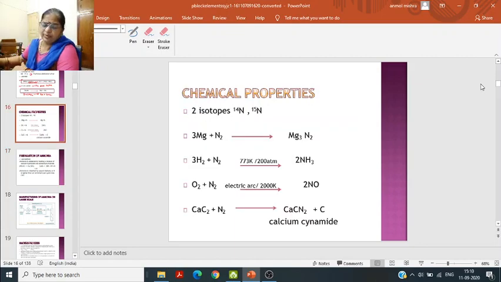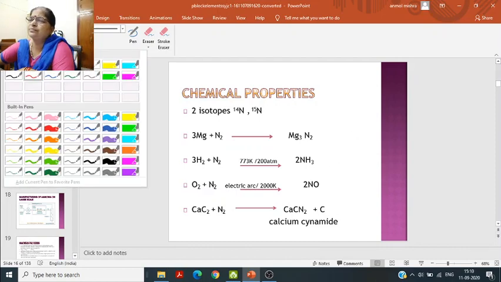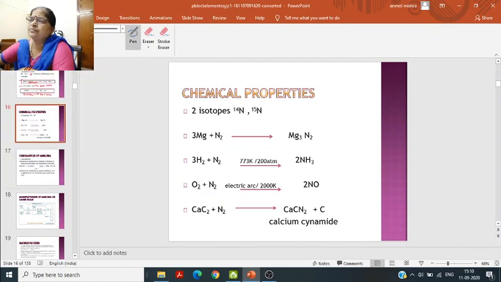Now physical properties of nitrogen. Physical properties of nitrogen.